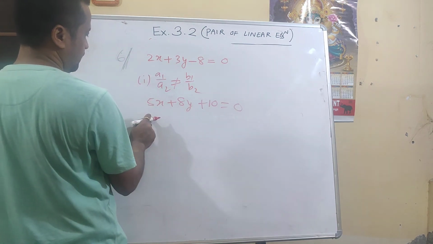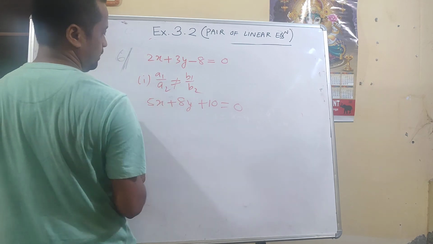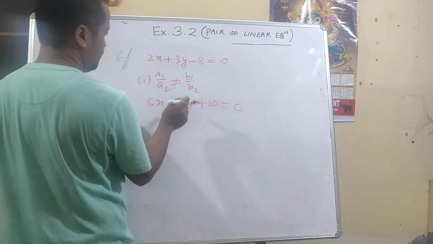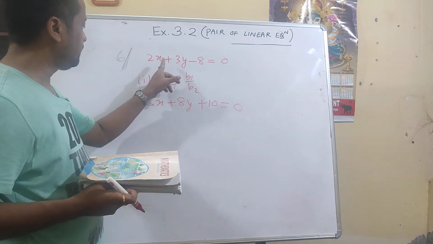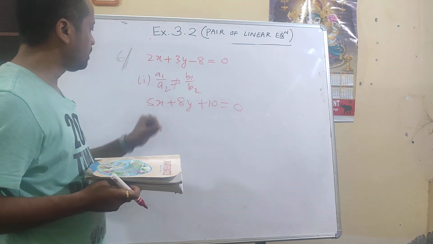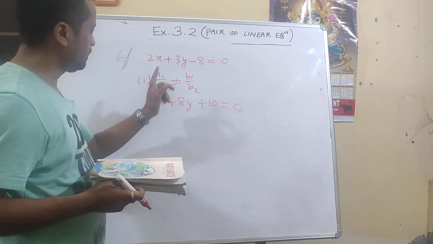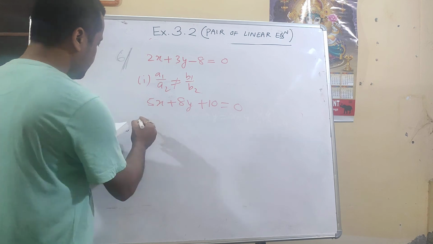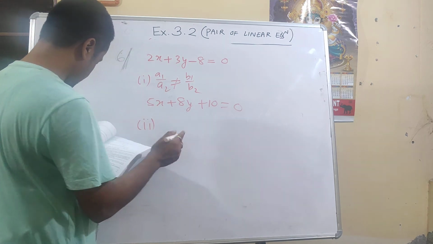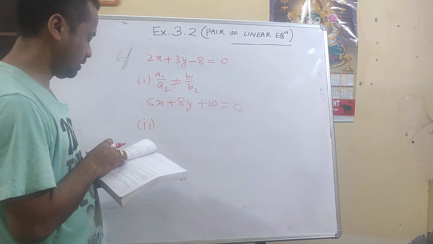Here 2 by 5 is not equal to 3 by 8. So 5x plus 8y plus 10 is equal to 0 is such an example of intersecting lines. Number 2, parallel lines.